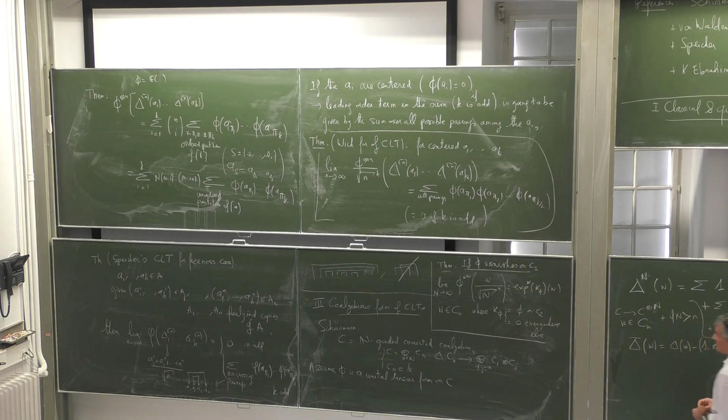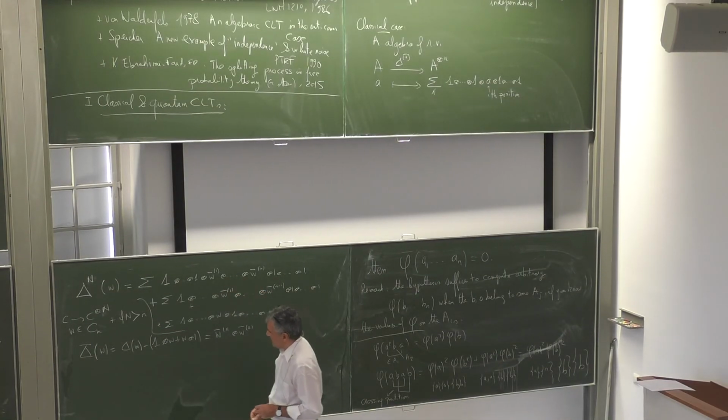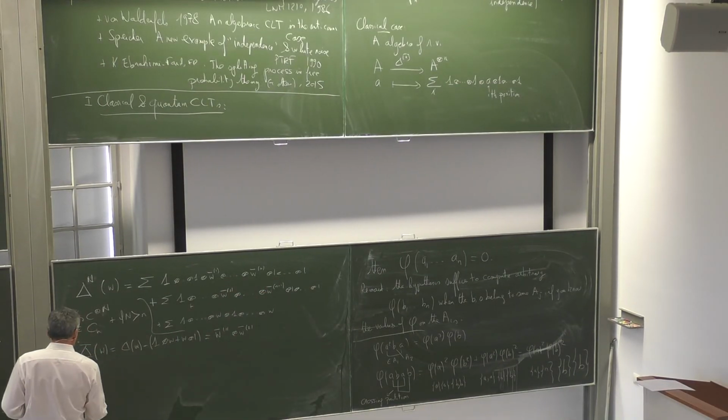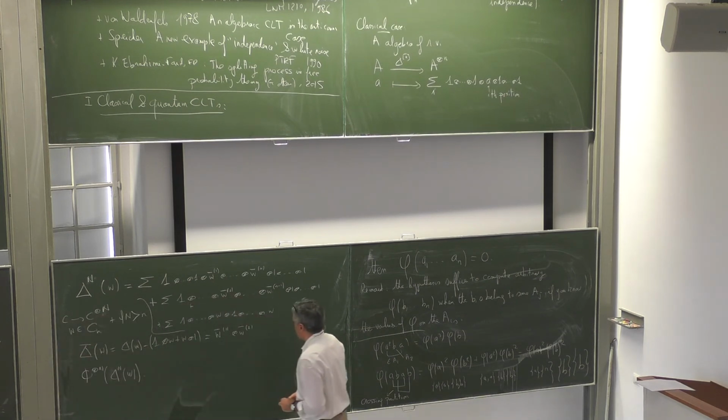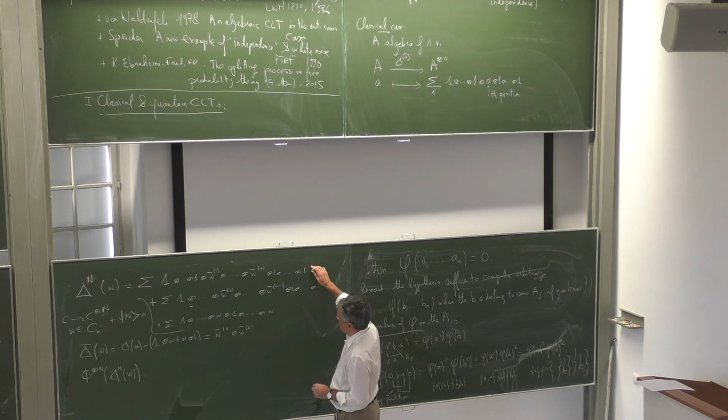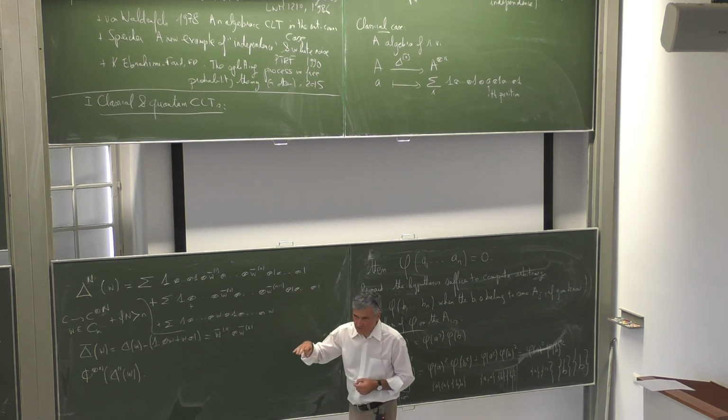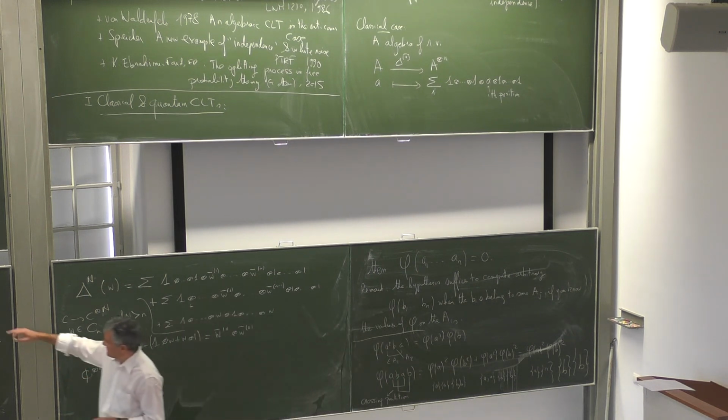So if I further assume that phi vanishes on C1, then when I compute phi to the tensor power n applied to delta n of W, all the terms corresponding to iterated reduced coproducts of order bigger than n over 2 are going to disappear, and the first obstruction is going to be given exactly by the term that is here.